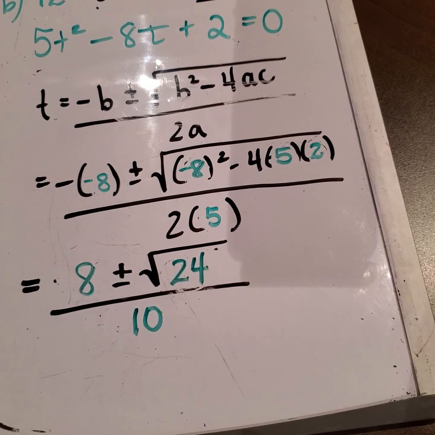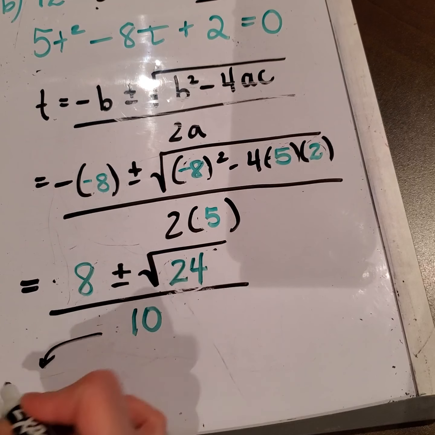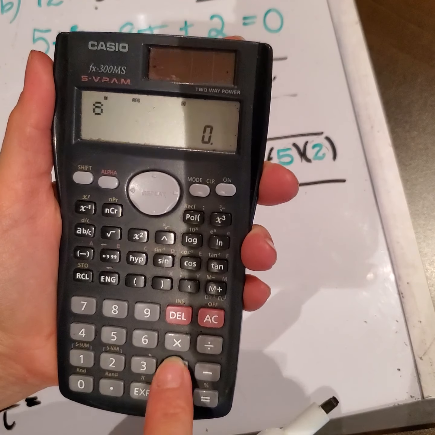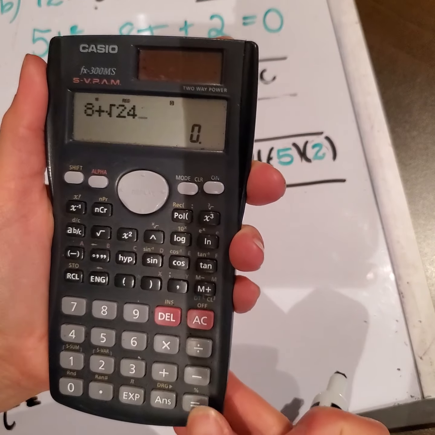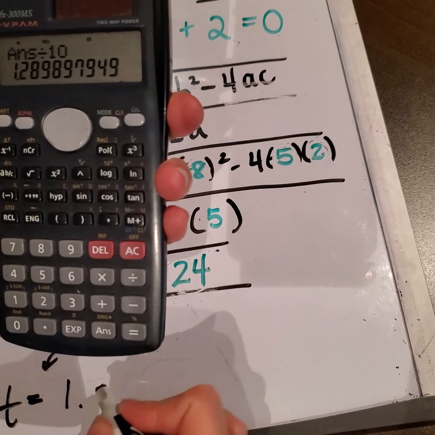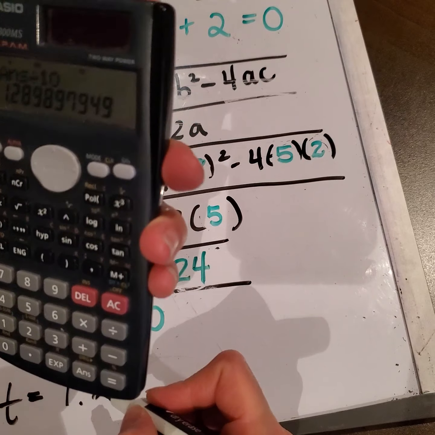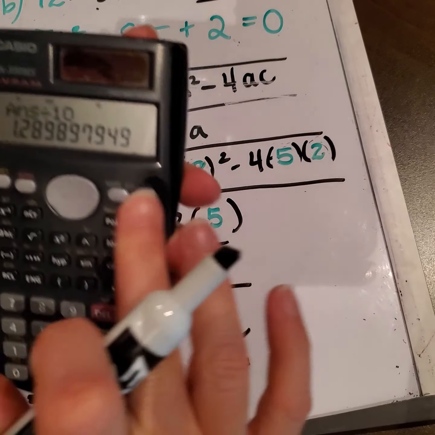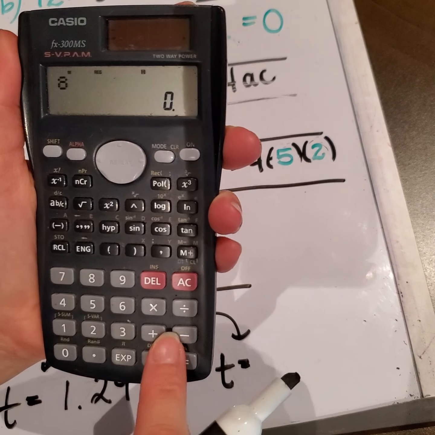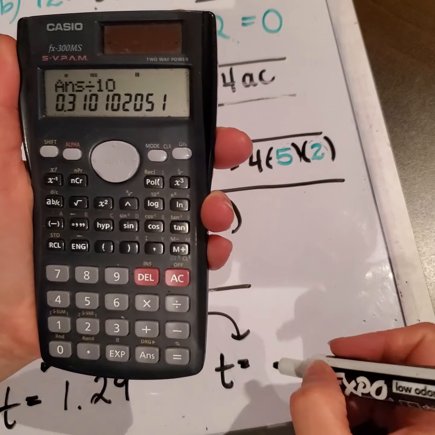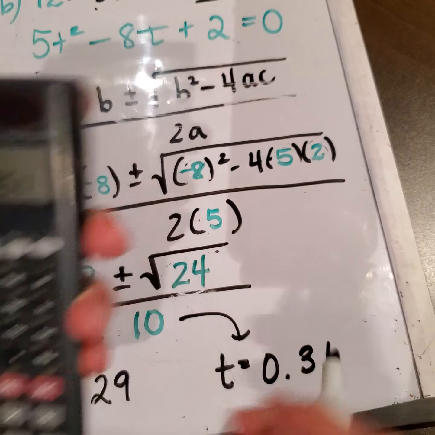We get 24 inside the square root sign and 10 in the denominator. Then by the time you're done the third step, you can break it down. So 8 plus root 24, divided by 10, is 1.29 seconds. And 8 minus root 24 divided by 10 is 0.31 seconds.